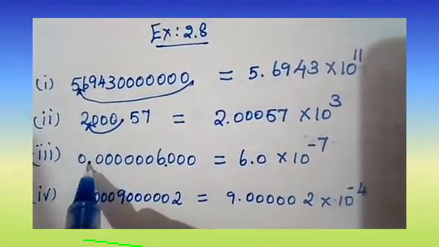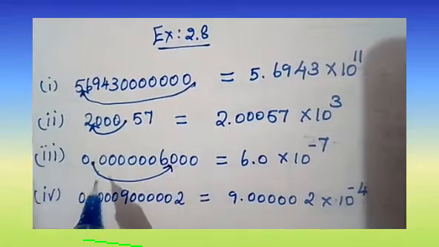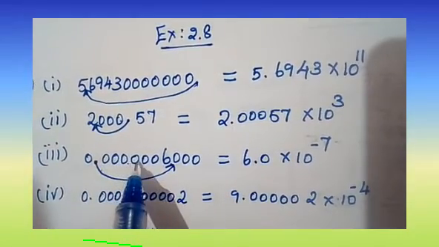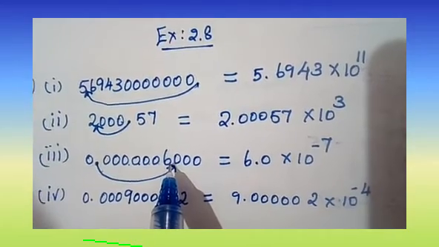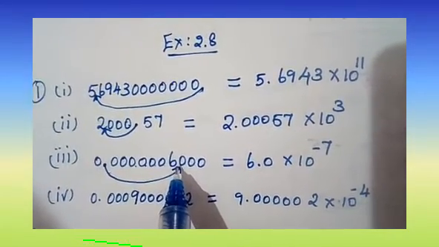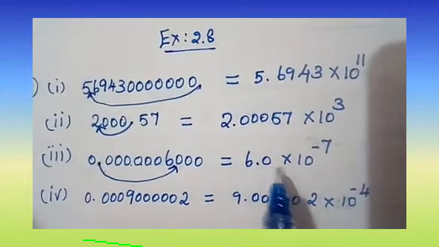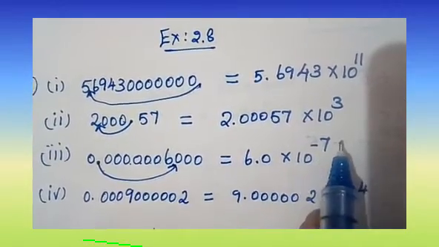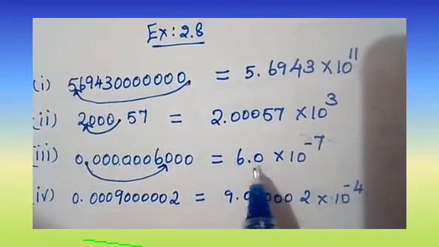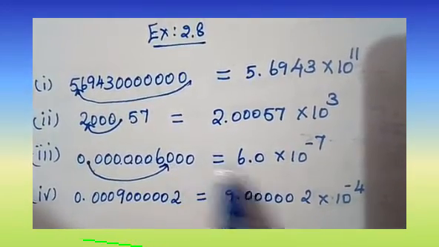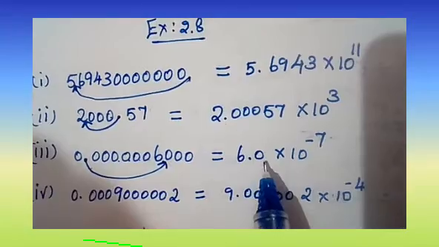How many digits are there? 1, 2, 3, 4, 5, 6, 7. It moves 7 steps towards the right side, so it is a negative power. So 6.0 into 10 power minus 7. We need one integral part and the remaining as decimal. The decimal part here is fully 0, so you write 1 zero, that is enough.